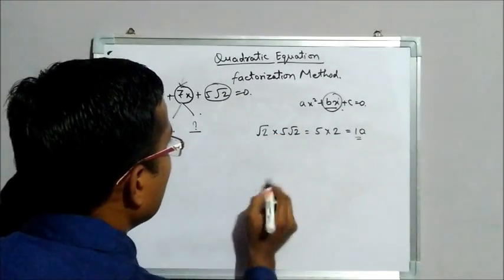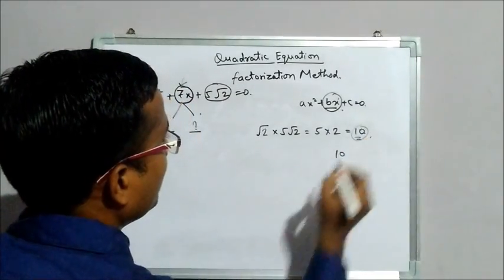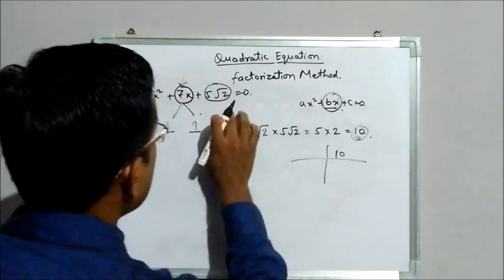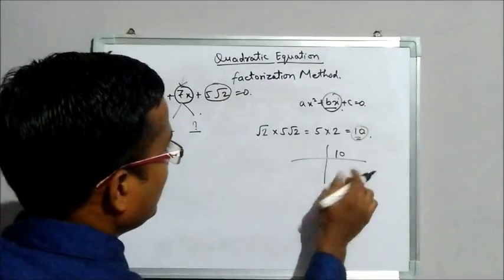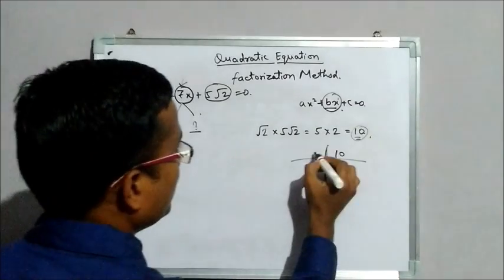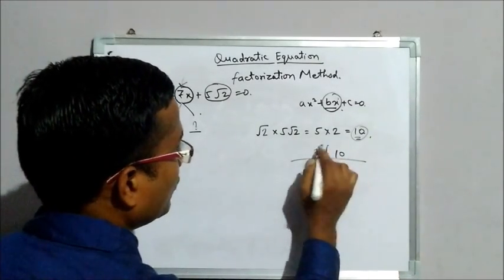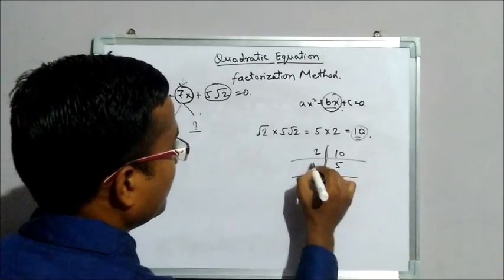How can we find the two terms? On factorizing this 10, 2 into 5 is 10, 5 into 1 is 5.